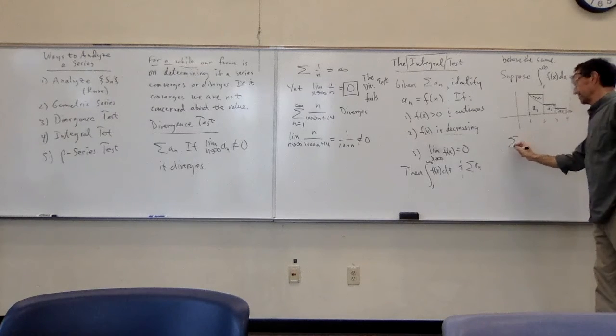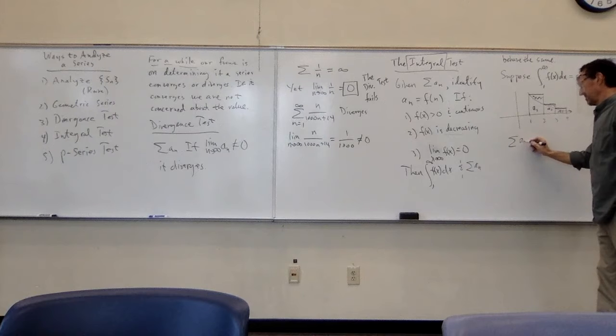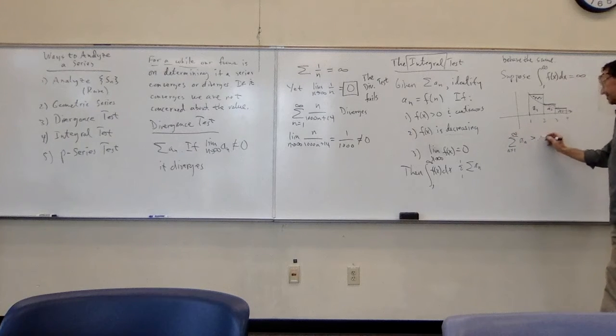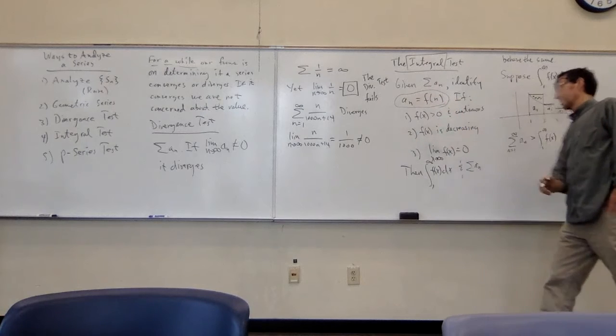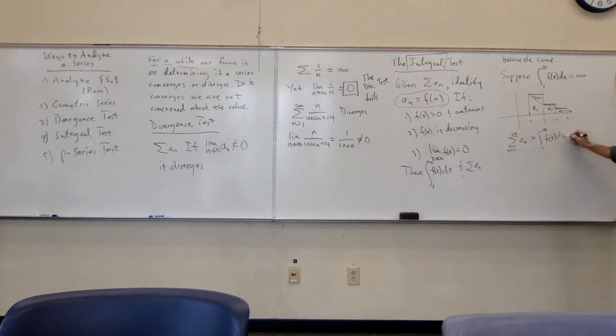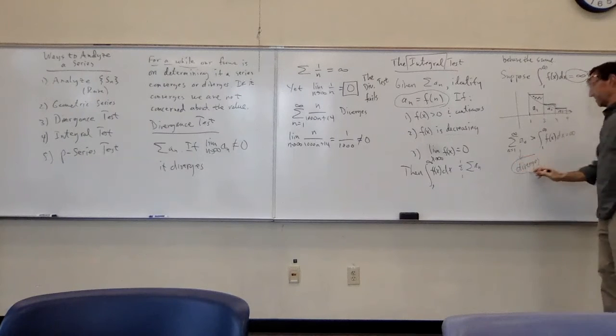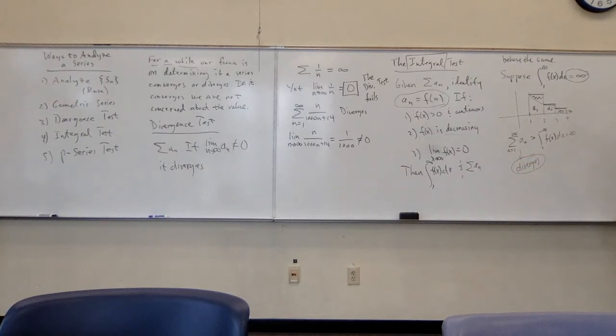So the summation of a sub n from n equals 1 to infinity is bigger than the integral from 1 to infinity of f of x, since f and a are connected. That's infinity. So this series has to diverge as well. So the integral diverging means the series diverges.